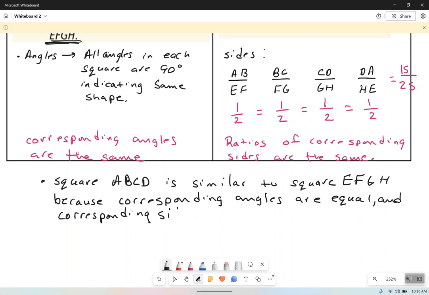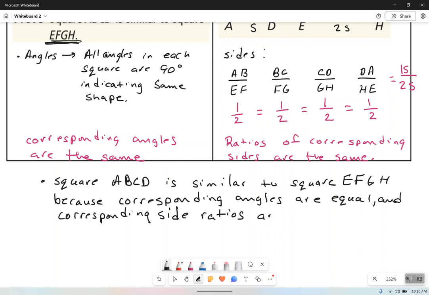Corresponding side ratios. Did it just cut out up there? Or is it still writing?